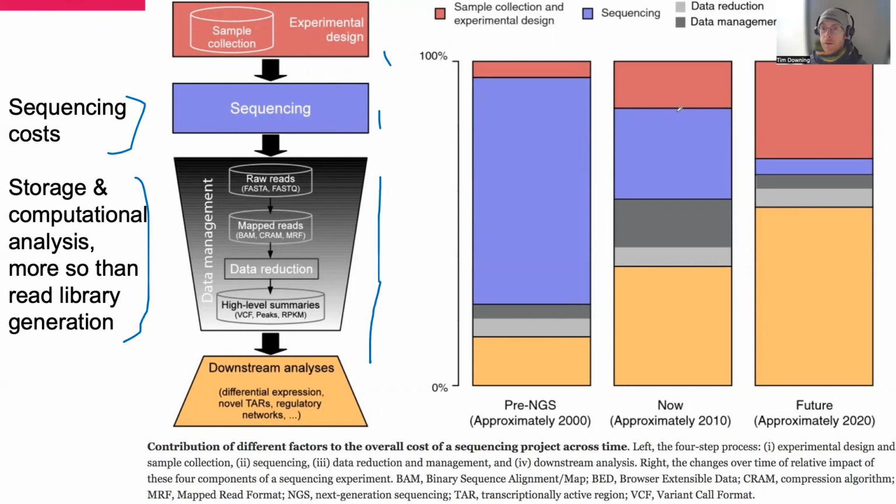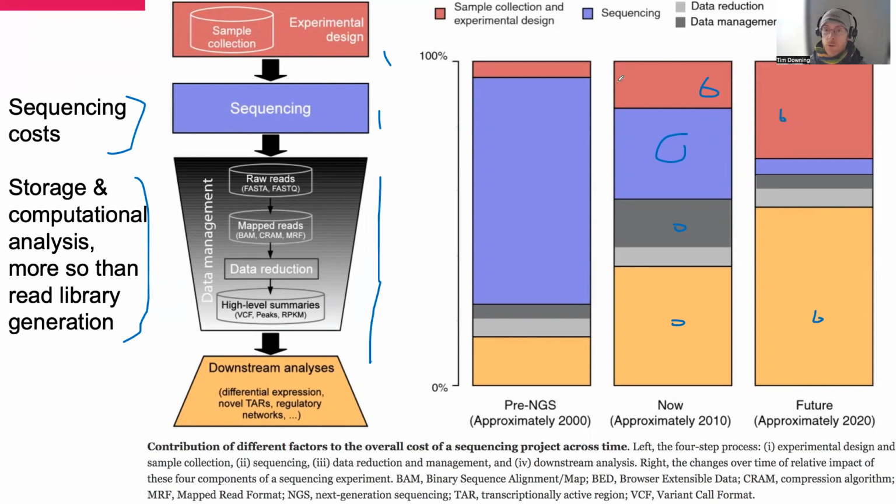Sequencing is expensive and there are costs in sample collection, data management and downstream analysis. But in the future, what we'll find is that the setup is expensive and the downstream analysis is expensive, but the other parts are not quite as significant.